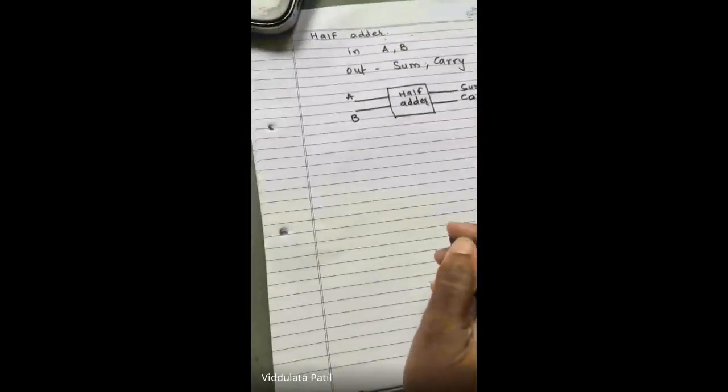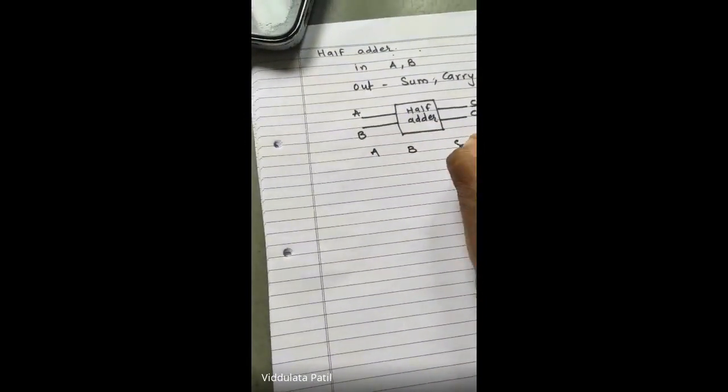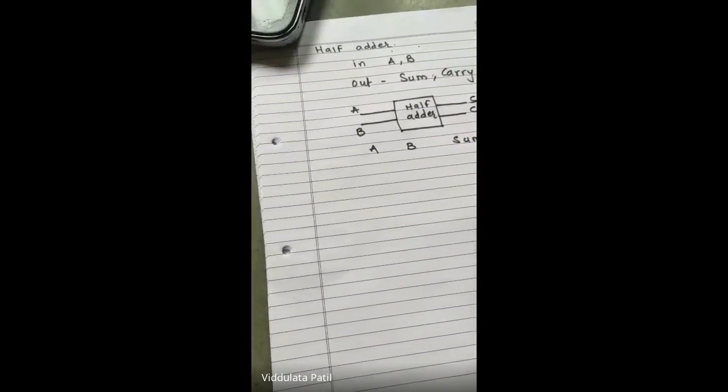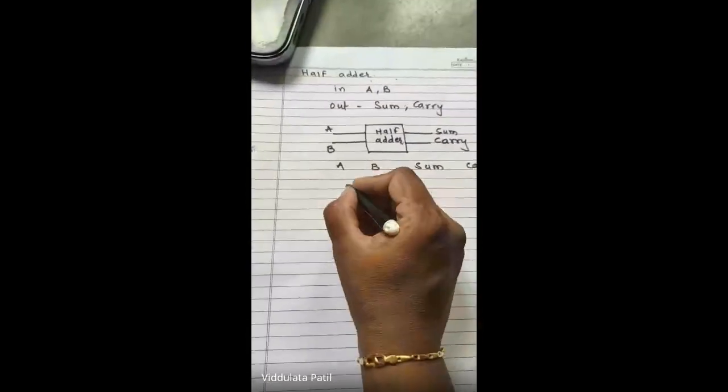Now, can you tell me the truth table of this? As we have 2 inputs, there will be 4 combinations: 0 0, 0 1, 1 0, and 1 1.